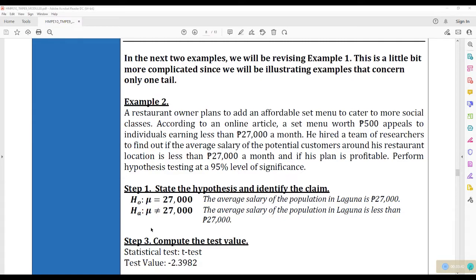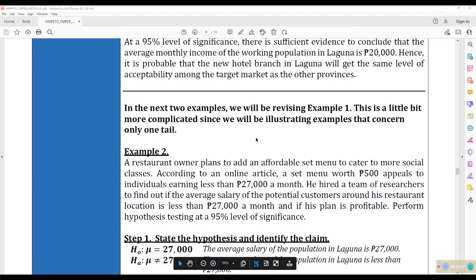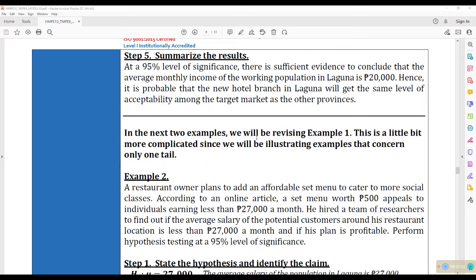But dito, if we are testing one-tail using the p-value method, madali lang siya. So, don't worry.